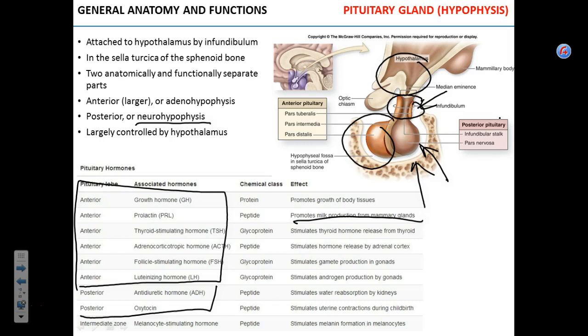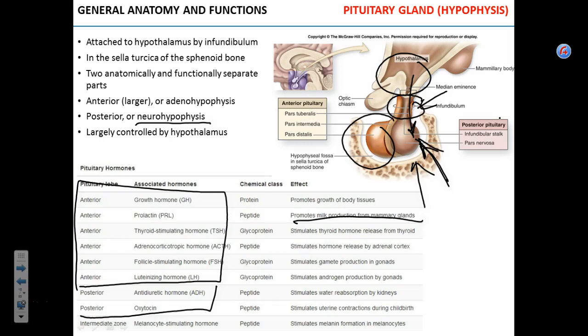They store it in there. You see the difference? Like, a car dealership doesn't make cars. So the posterior pituitary, or neurohypophysis, doesn't make anything. It just stores hormones that actually come from the hypothalamus. We'll talk about those guys in due time.